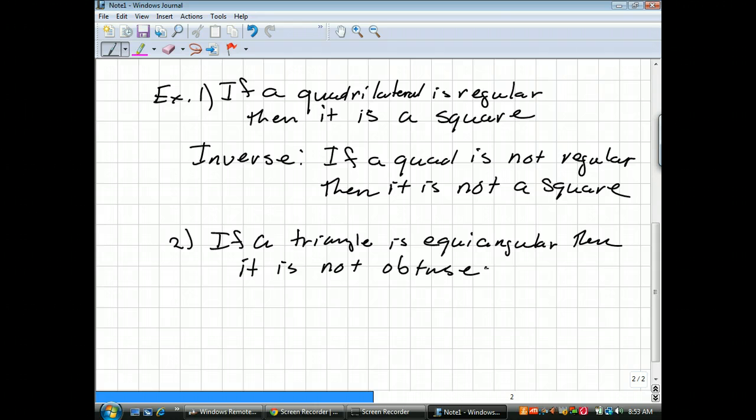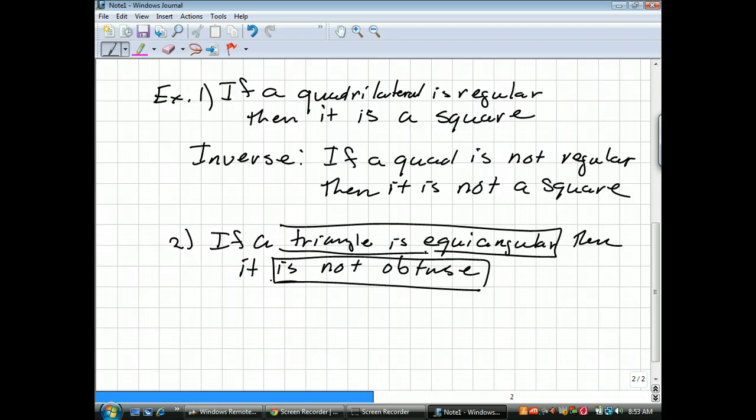And what we want to do is write the contrapositive of this statement. Okay? So in the contrapositive, we negate the conclusion and it becomes the hypothesis, and we negate the hypothesis and it becomes the conclusion. Okay?